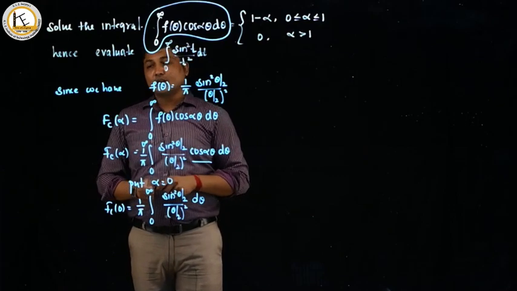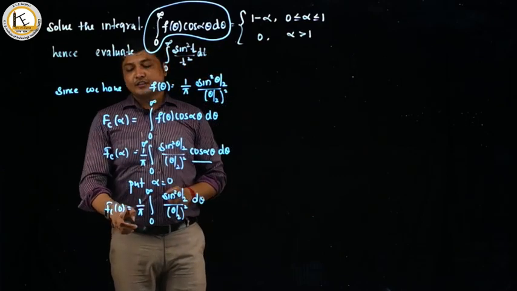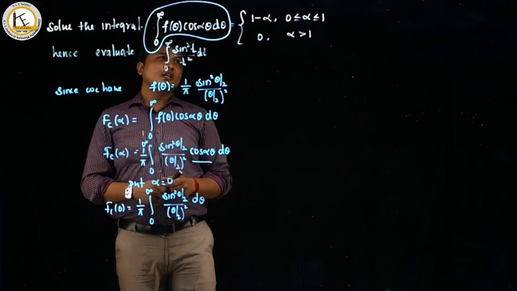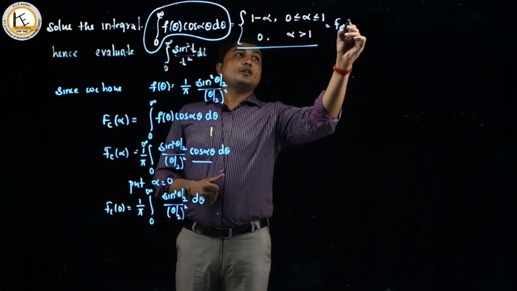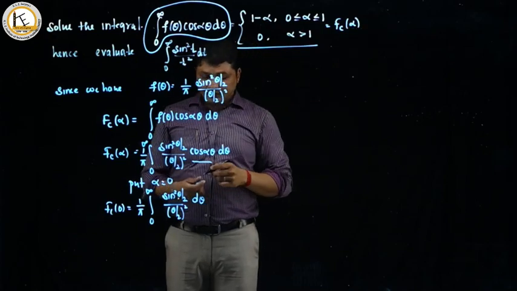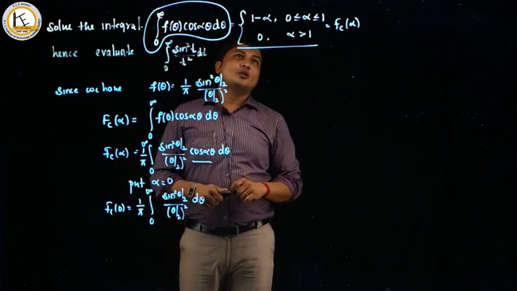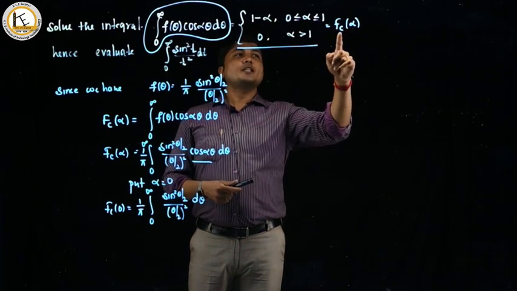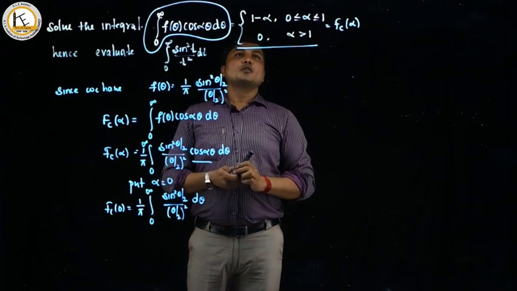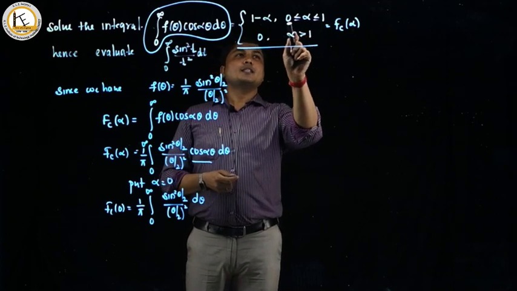And before that, what is the value of fc of 0? Obviously, this is fc of alpha. So in this fc of alpha, we need to put the value of alpha, that is 0. When you put alpha equal to 0 here, it becomes fc of 0. So fc of 0 obviously lies in this range.